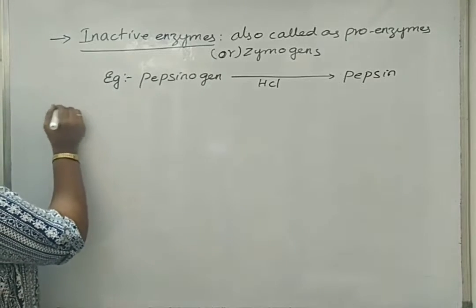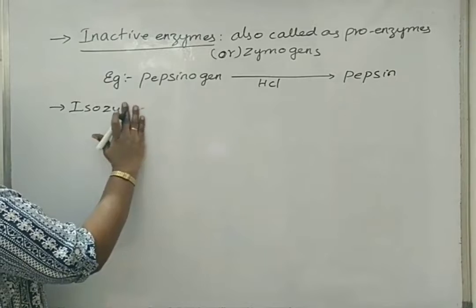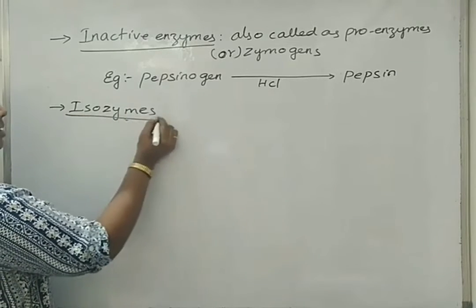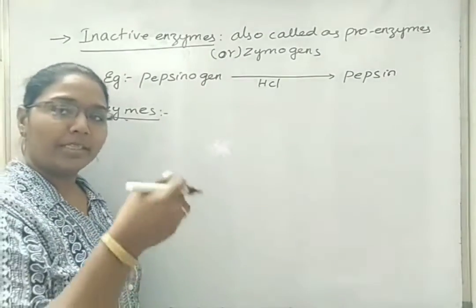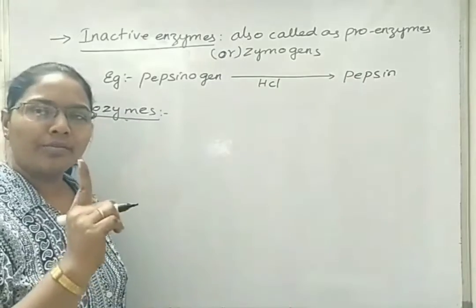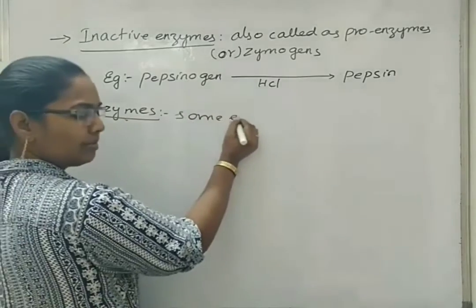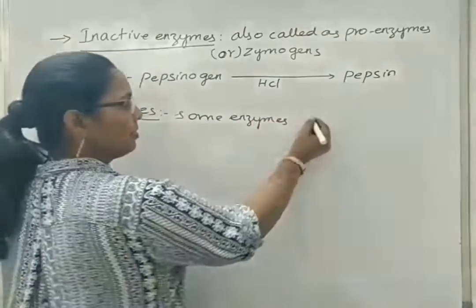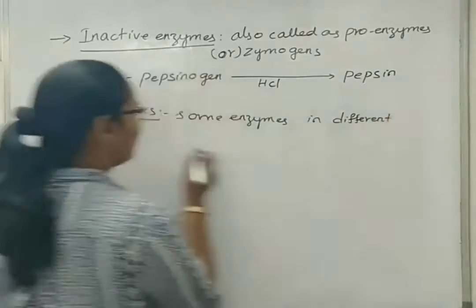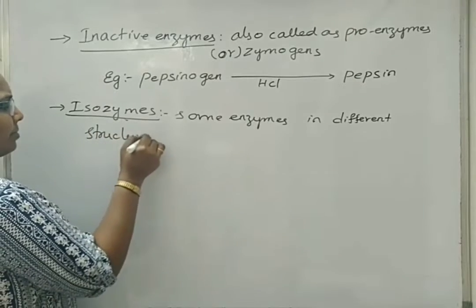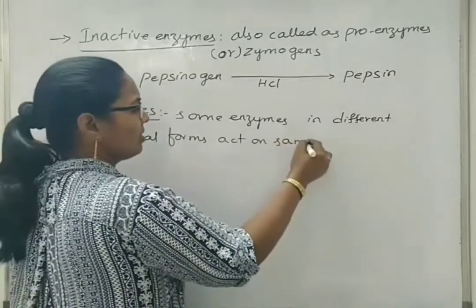Another type of enzymes are isozymes. Isozymes means there are different types of enzymes, but those different types and different forms of enzymes are acting on only one type of substrate. Some enzymes in different structural forms act on the same substrate.